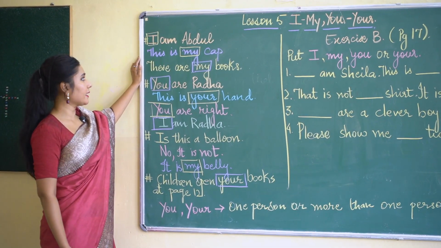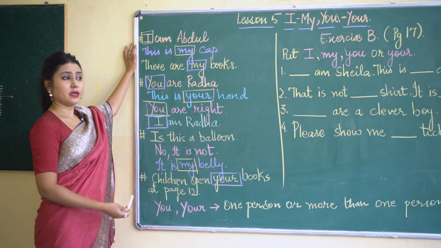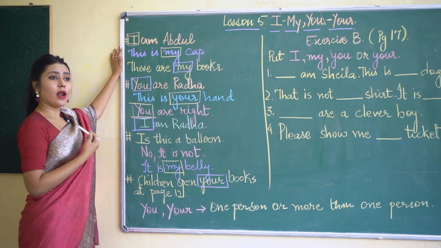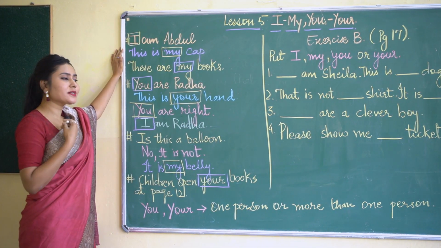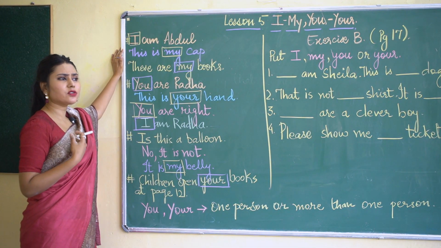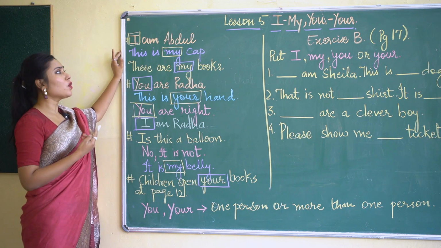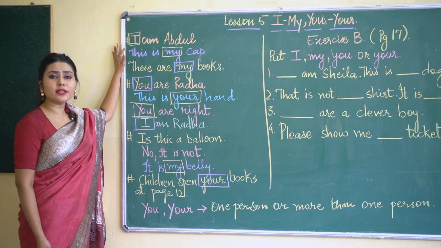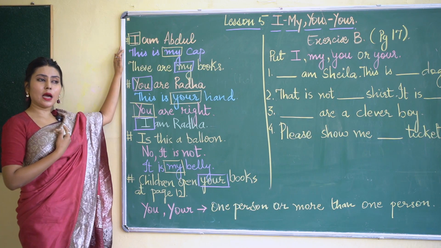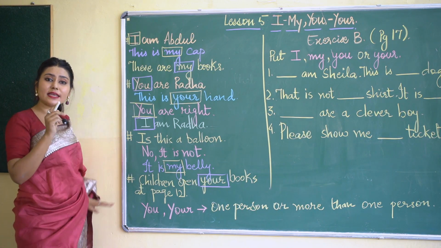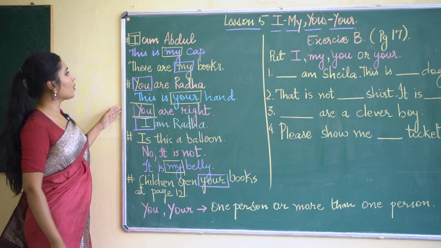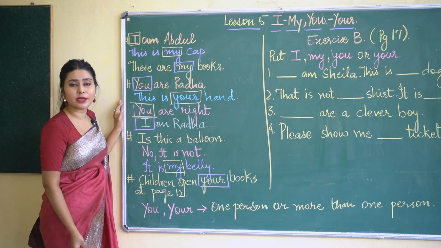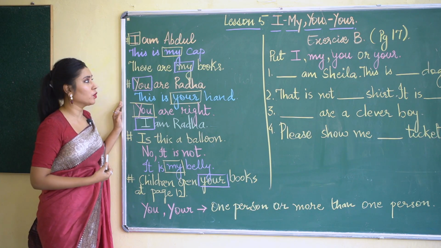So I would always say that I am Abdul, or I am Nikita. When you are describing yourself, you always emphasize on the word I, about your own self, about one single person. So that's how the sentence is also trying to explain that I am Abdul.